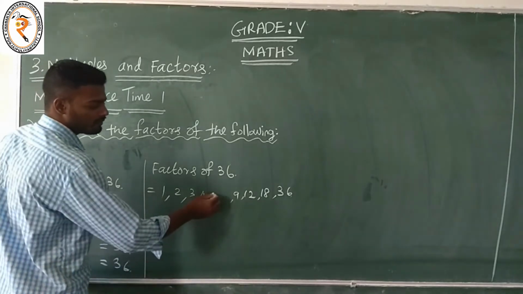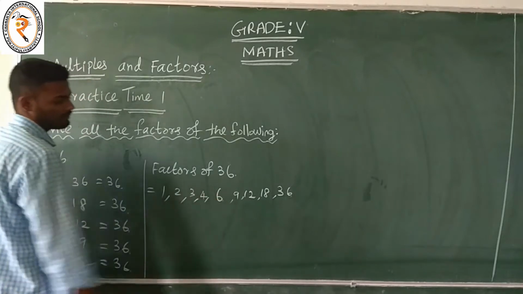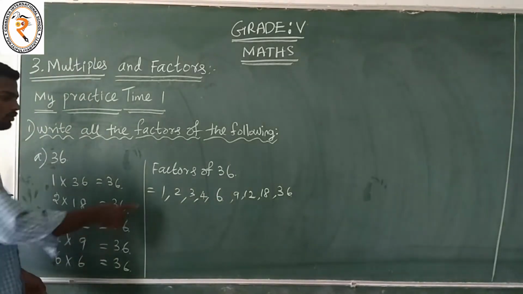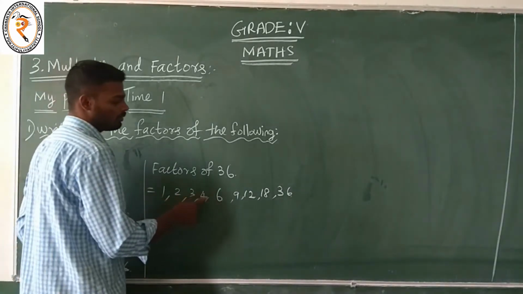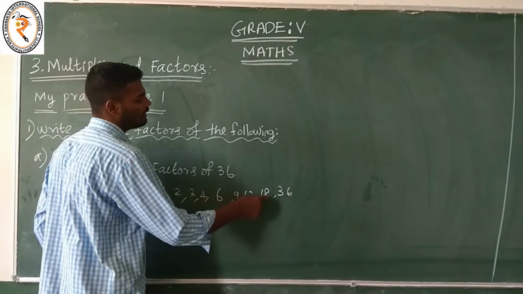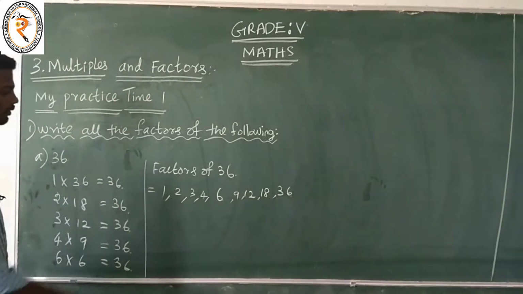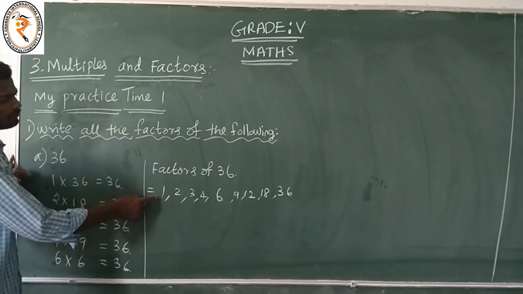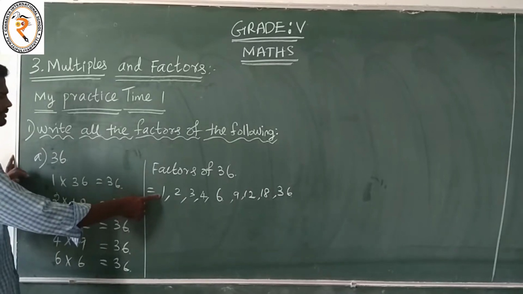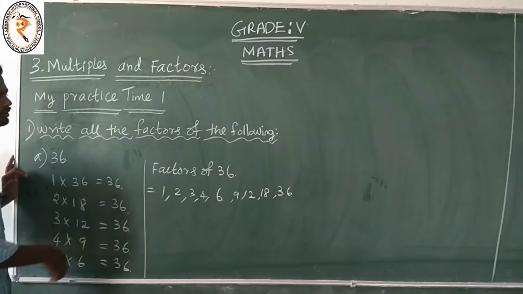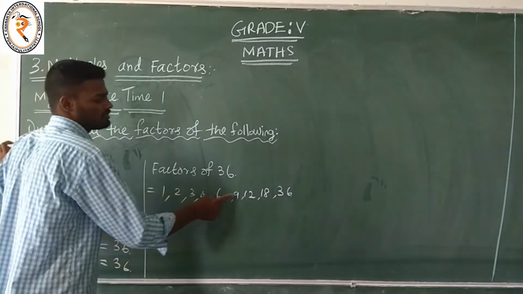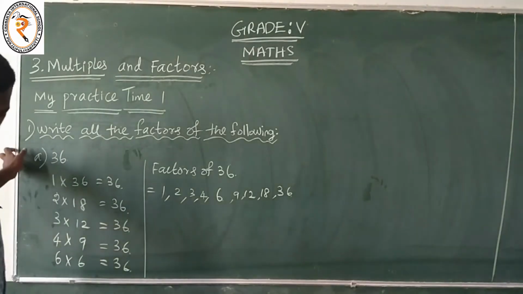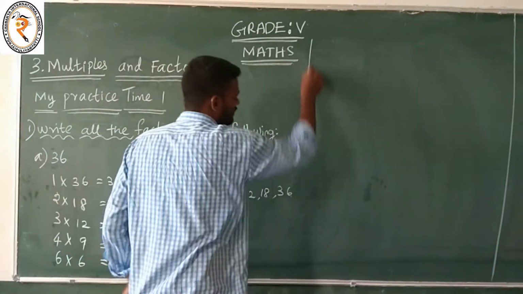So the factors of 36 are 1, 2, 3, 4, 6, 9, 12, 18 and 36. So 1 is a factor of all numbers. Next, second question.